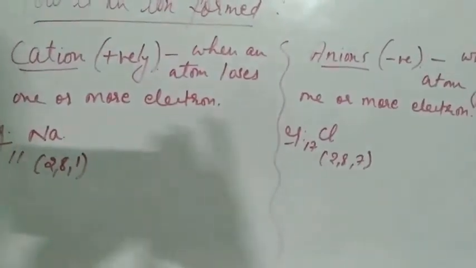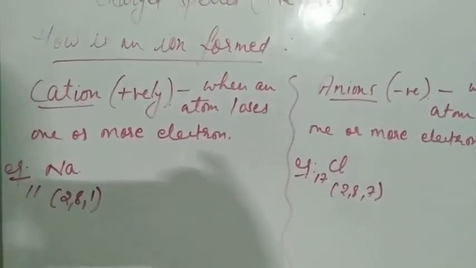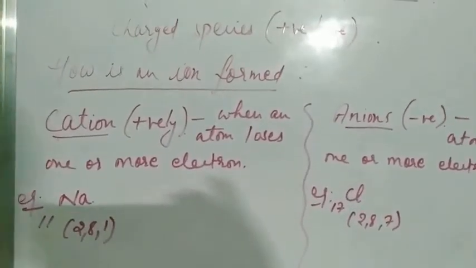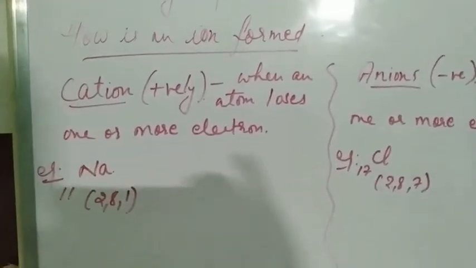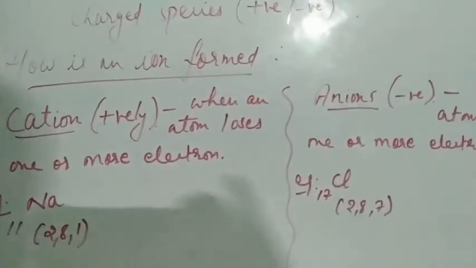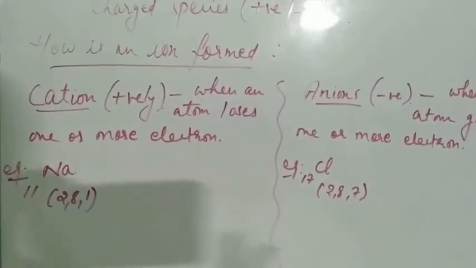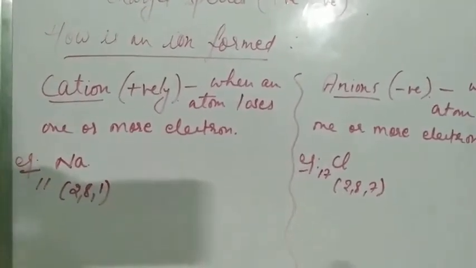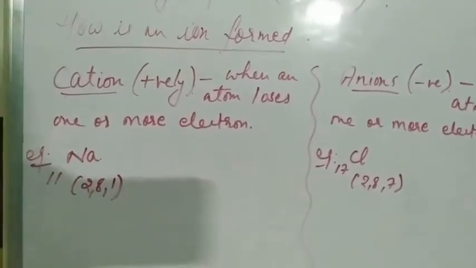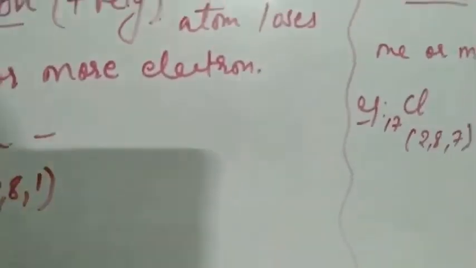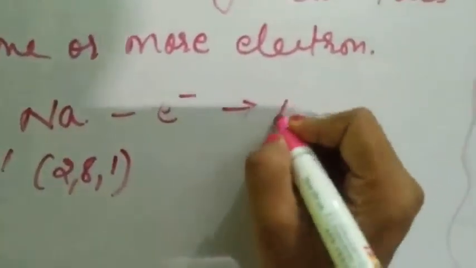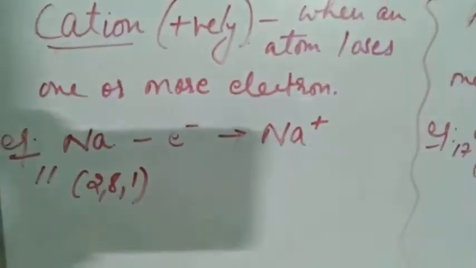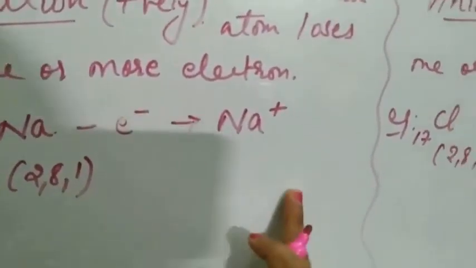Now both metals and non-metals try to combine with each other only to gain stability. That is the reason why they combine. So when a sodium atom loses one electron, it becomes Na plus, because it is losing one electron, that is why it is acquiring one positive charge.